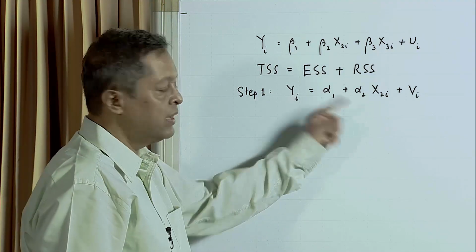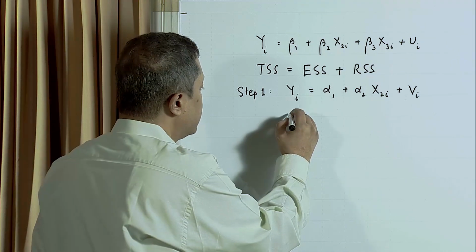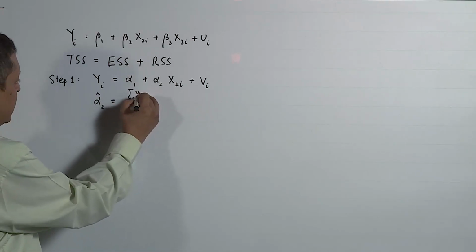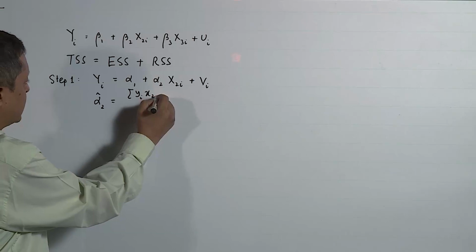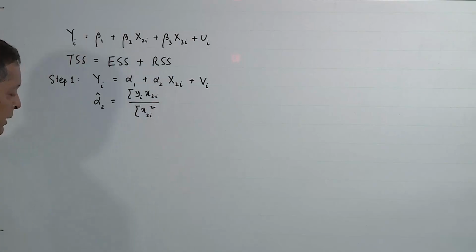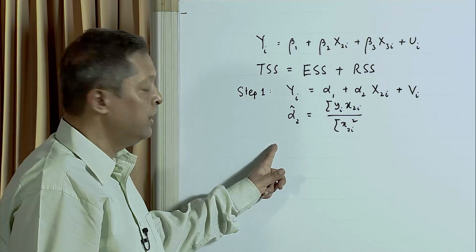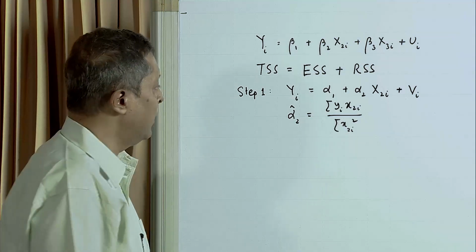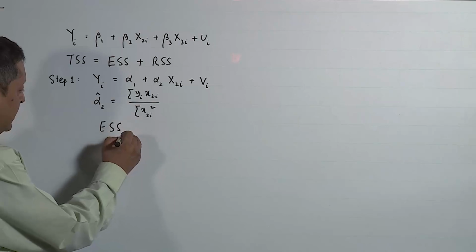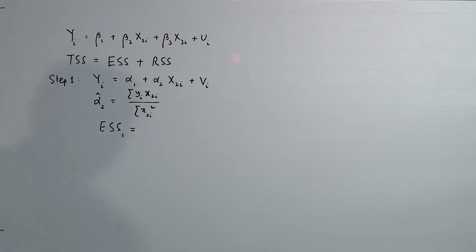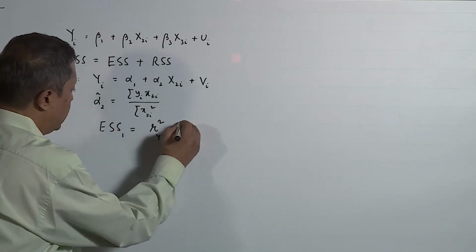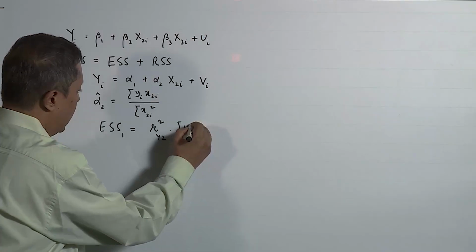From this simple regression, alpha 2 hat is given as summation y_i x_2i divided by summation x_2i square, and we find this alpha 2 hat in order to get the explained sum of squares in stage 1, which is ESS step 1, given as r square y2 times summation y_i square.